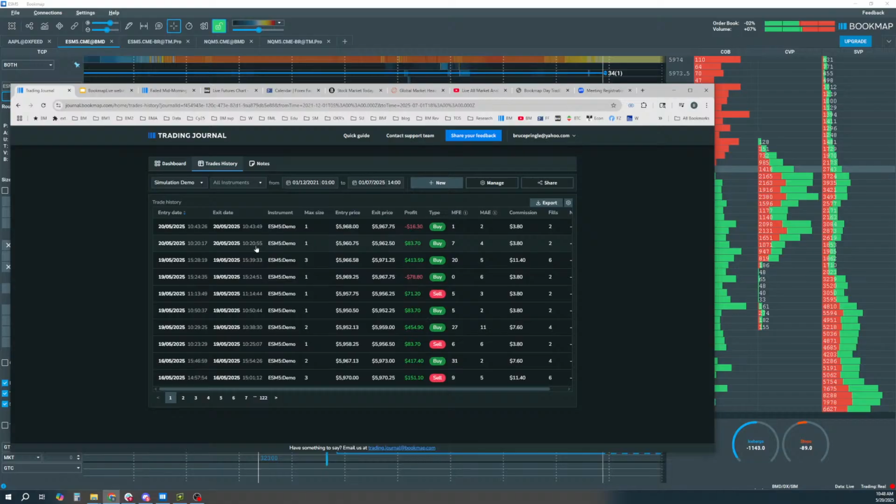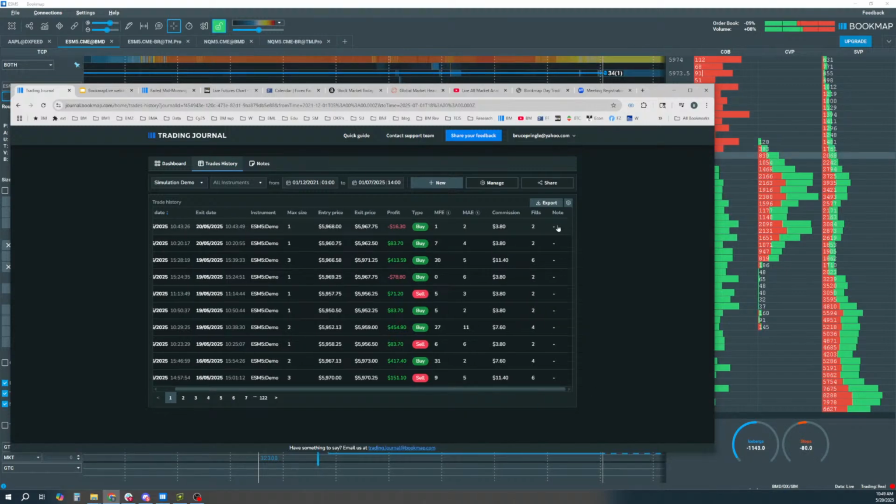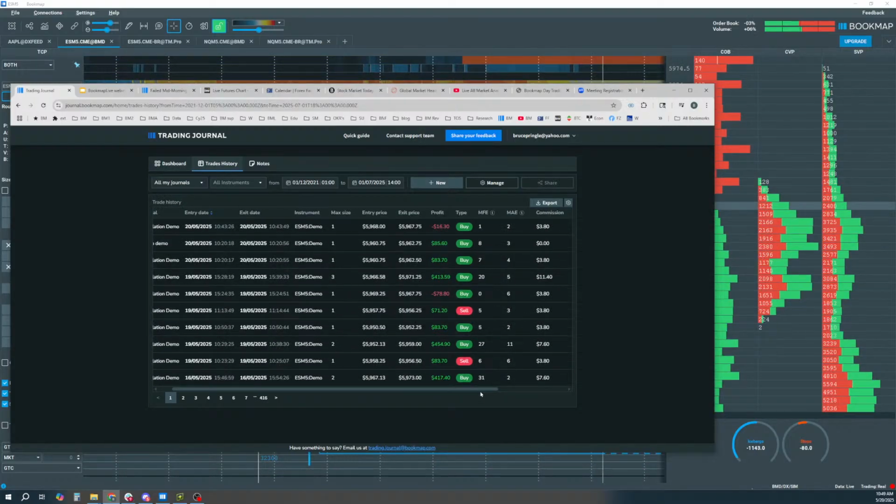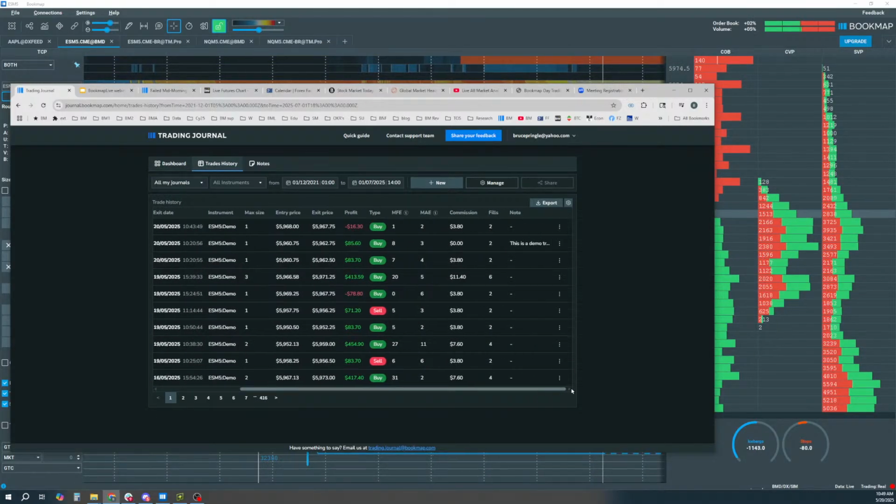Like that, you can see I've got a couple duplicated, this one that we took that one tick loss on. We can go back in, and, see, I can't delete this one, but there are others in here that you can. Okay, I can delete it from this journal here.